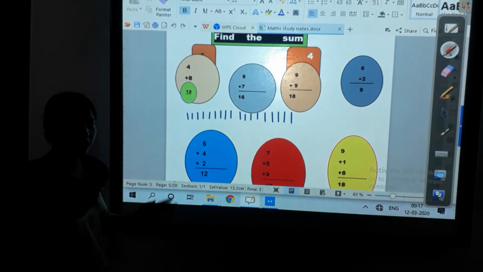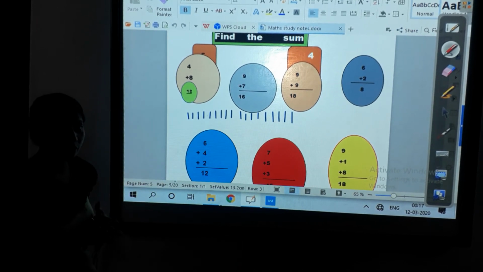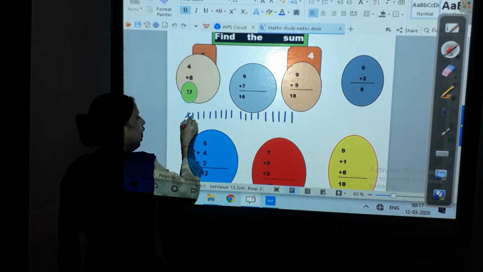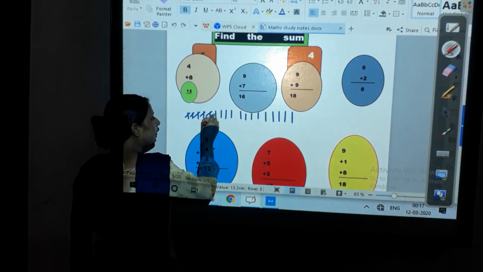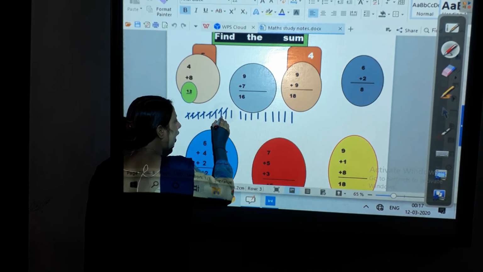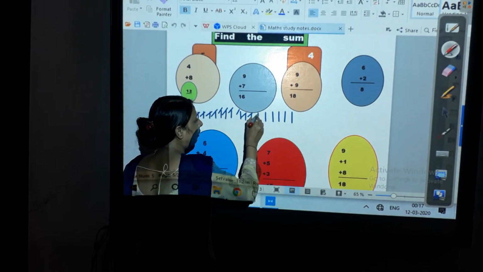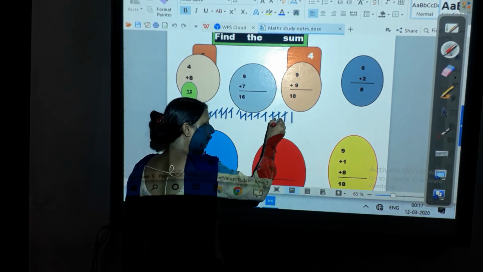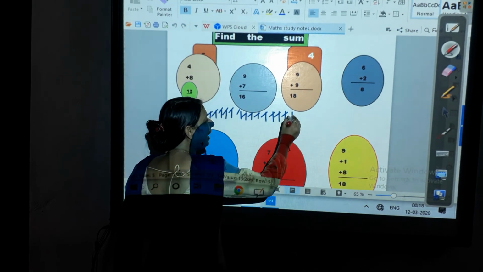Now we need to calculate it together. So let us do it. 1, 2, 3, 4, 5, 6, 7, 8, 9, 10, 11, 12, 13, 14, 15, 16, 17 and the last one is 18.